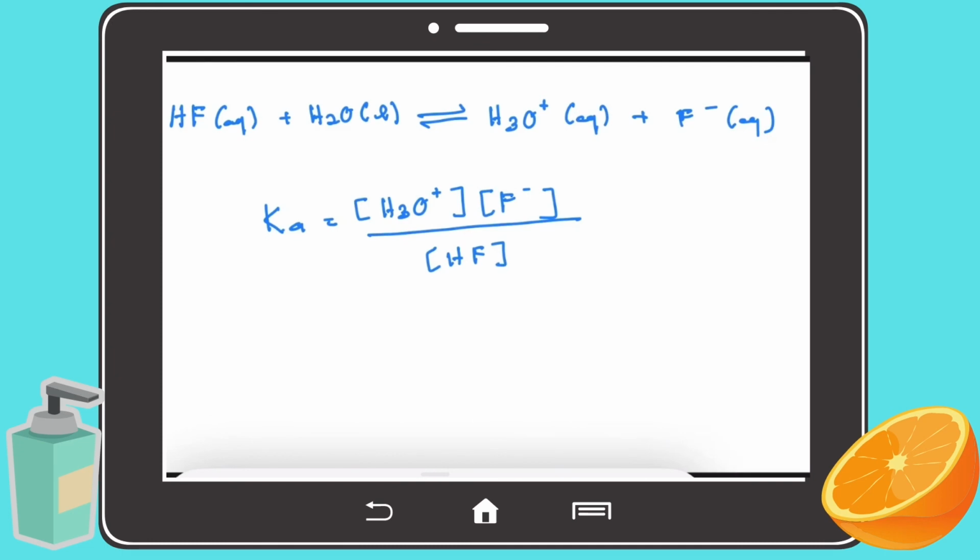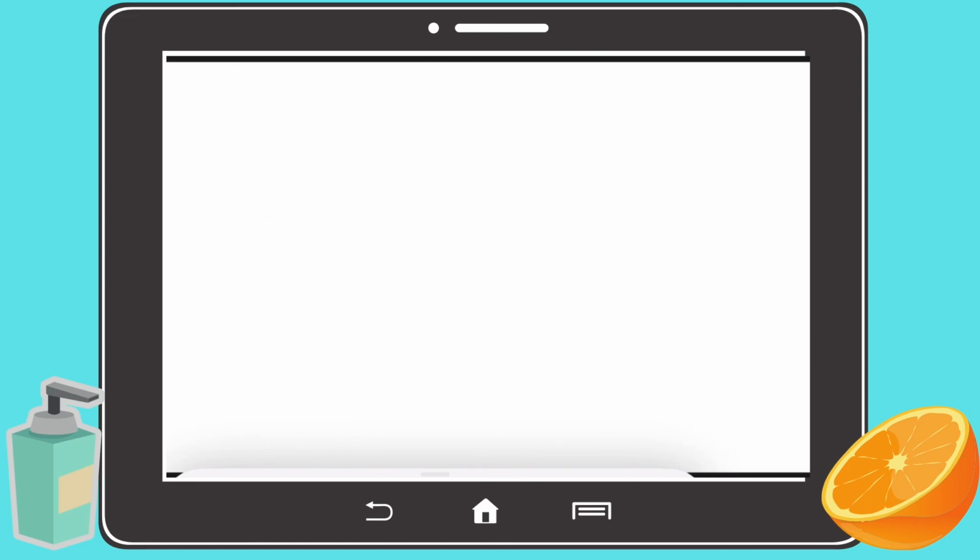Next, how do we write the Kb expression for a base? For example, we have ammonia, which is a weak base.